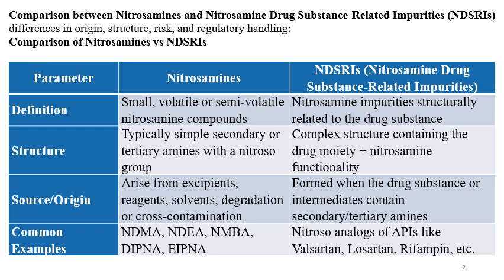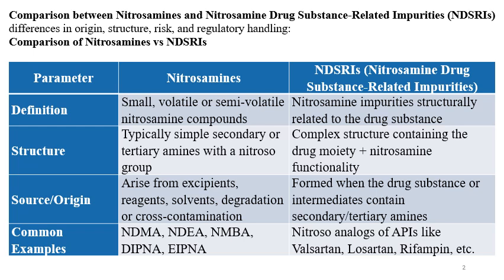Then, the source of the nitrosamine. Nitrosamine impurities arise from excipients, reagents, solvents, degradation, or cross contamination, while NDSRI impurities are formed when the drug substance or intermediate contains secondary or tertiary amines.